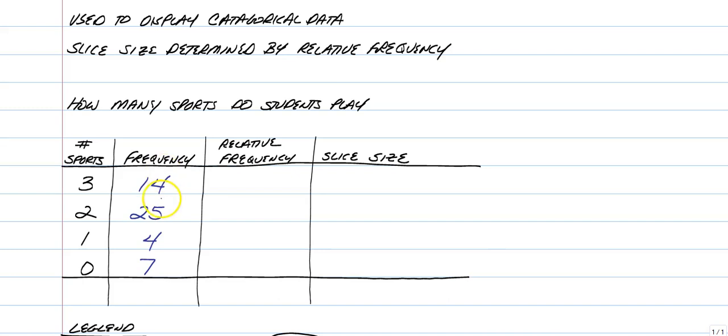So remember, to find relative frequencies, the first thing you need is the total. 14, 25, 4, and 7 is going to give you a total of 50 students. Now again, this data represents how many sports students play. So this is not something that we would consider numerical, and here's why. You might have a student that plays 3 sports.